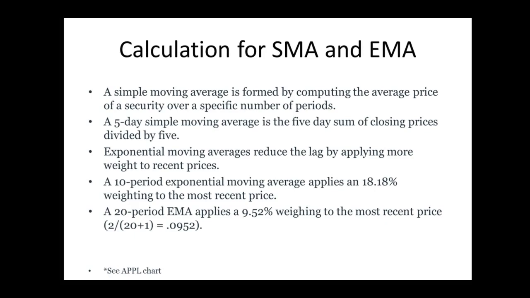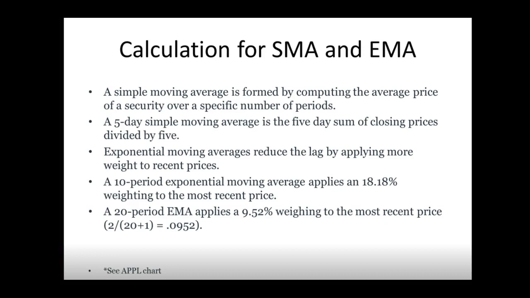Now, the calculation for SMA and EMA. The simple moving average is very simple. If you have the 5 period one, you add the 5 periods together and divide by 5, and that gives you a dot on the chart. And then the next day, the 6th day falls off and a new one comes on, gives you another dot, and pretty soon you've got a line.